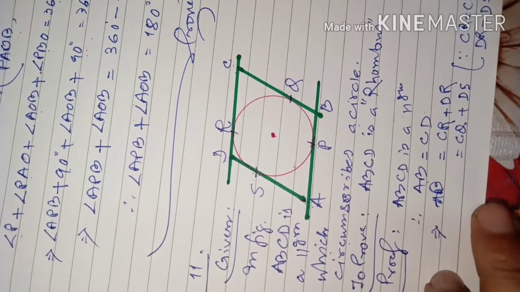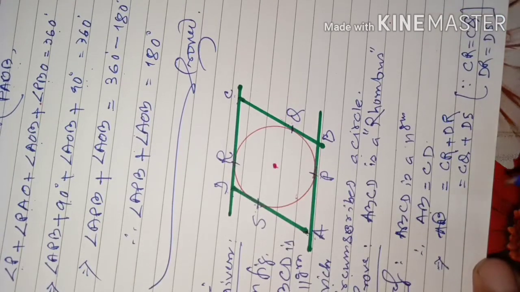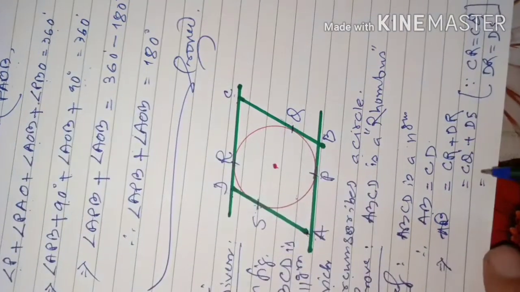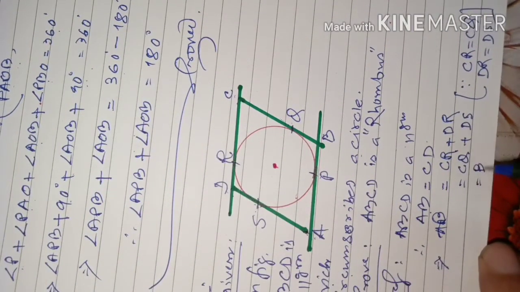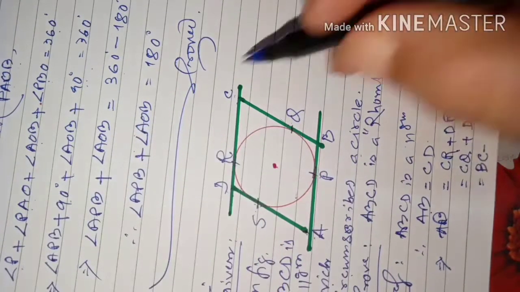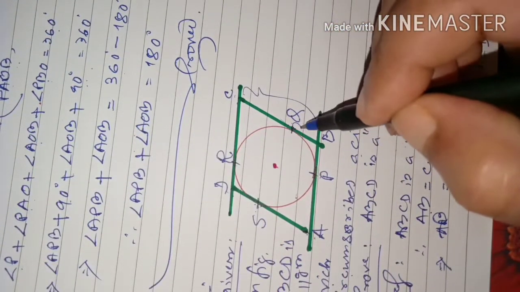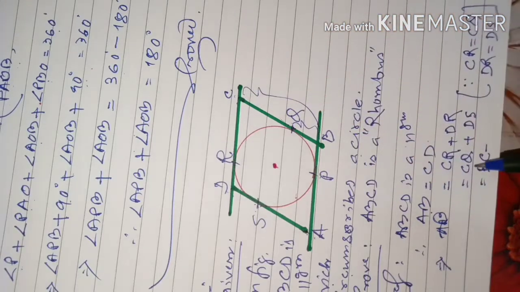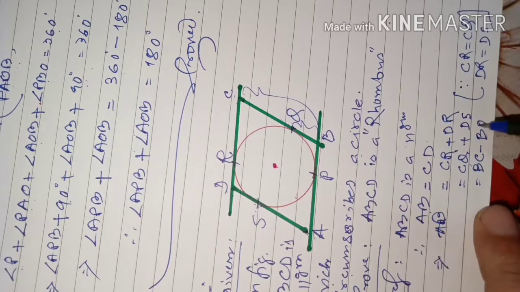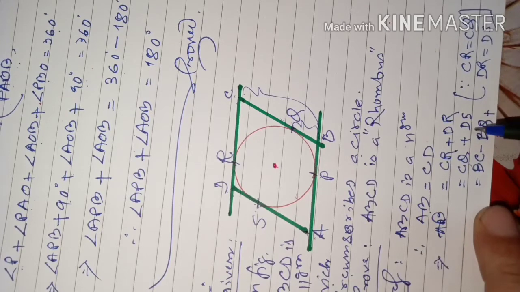Okay. So after this, CQ is a part of BC. You can write it as BC minus BQ. This whole BC minus this BQ is CQ. So CQ can be substituted by BC minus BQ plus DS.